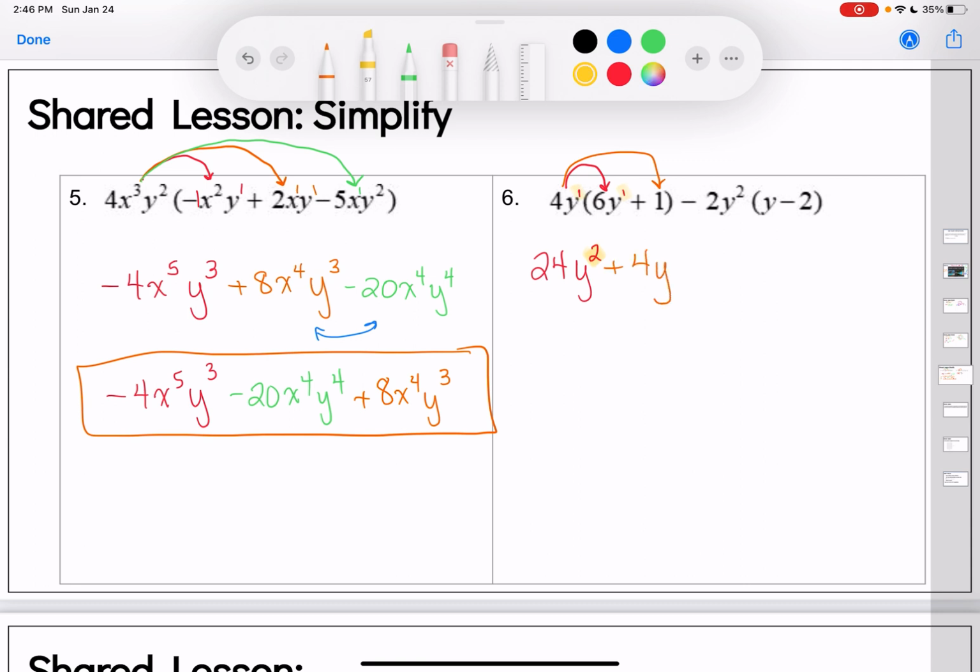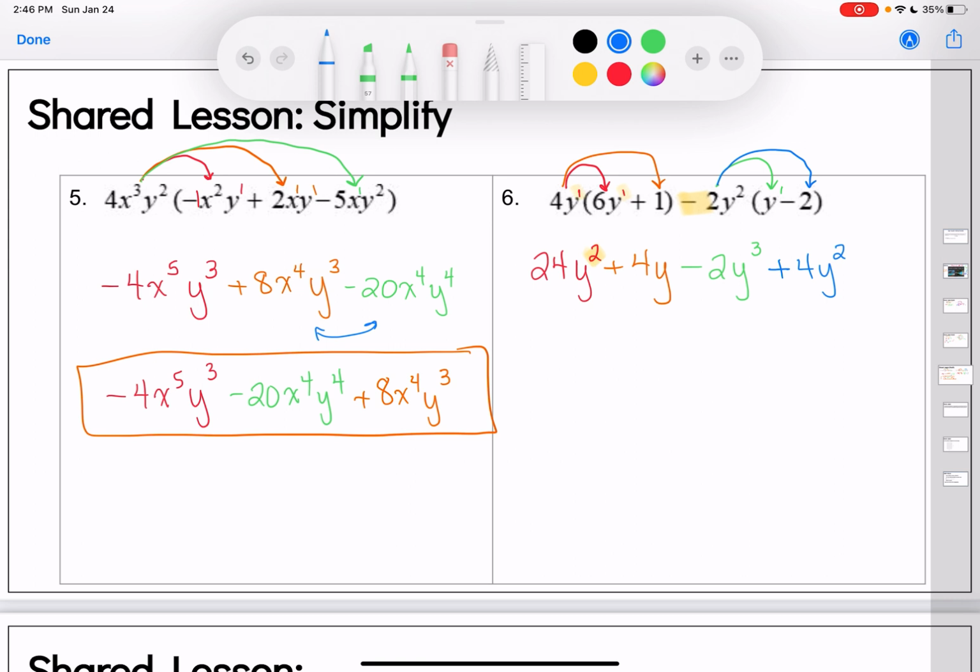Okay, now over here, I've got negative 2y squared that I'm going to distribute. Whoopsies. That I'm going to distribute to this y to the first, right? So I'll have negative 2y to the 3rd. Watch that. And then I have negative 2y squared times negative 2, which is positive 4y squared.